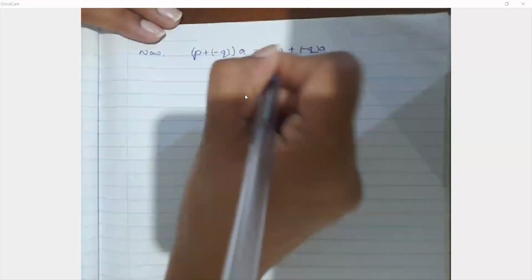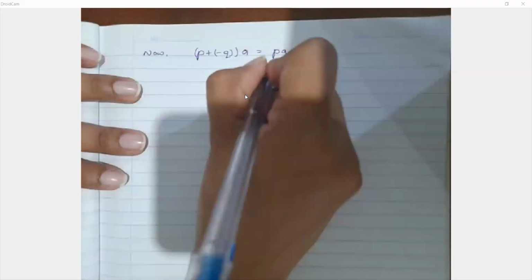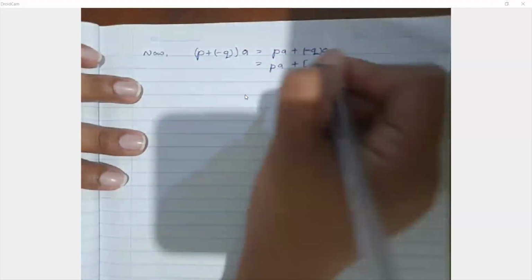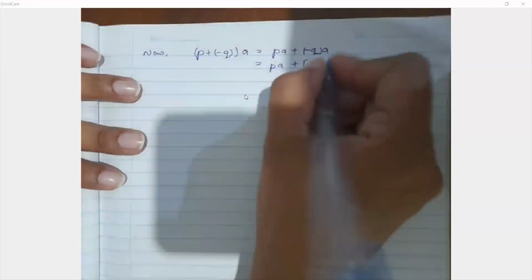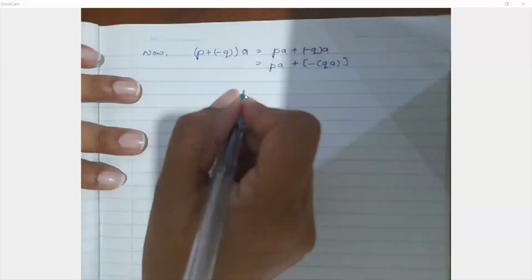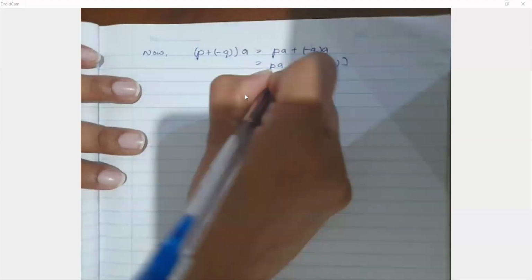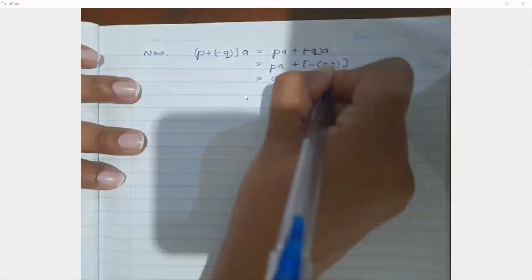So now we have P minus Q, which is simply P plus minus Q, times A. Using the distributive laws, we have PA plus minus QA. Now, using the property which allows us to take this negative out, this is equal to AP plus minus AQ.